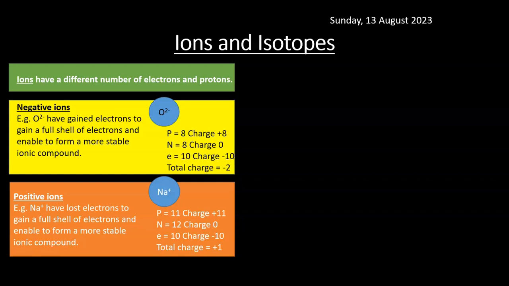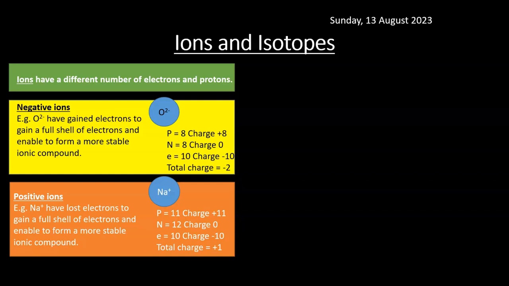Negative ions have more electrons than they have protons. Positive ions have fewer electrons than protons. We can readily work out the numbers of subatomic particles by some simple maths.